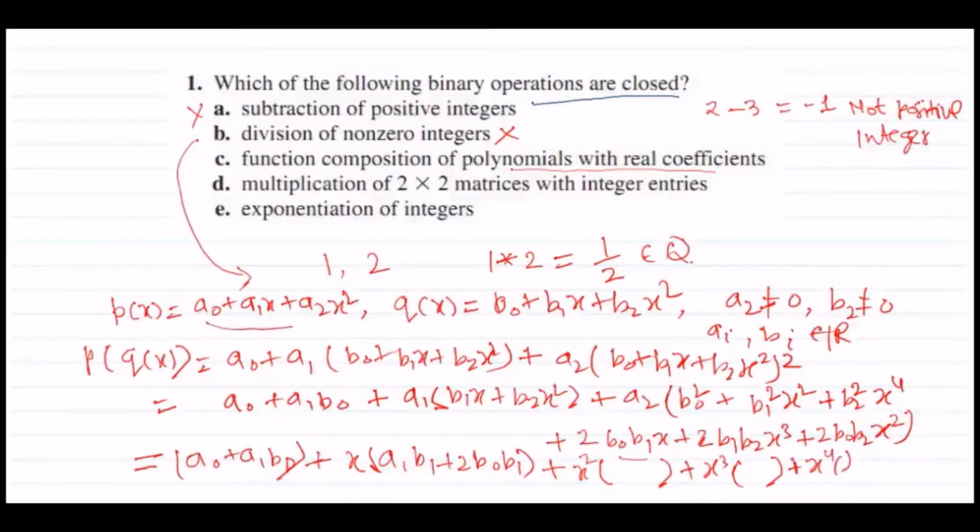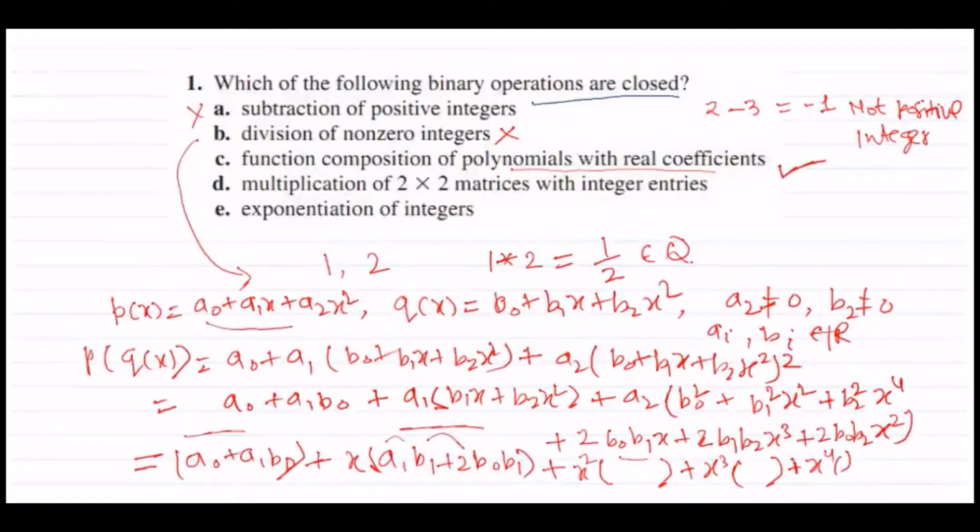What we see is that because all ai and bi are real numbers, their products and sums are also real numbers. So all coefficients will be real, and therefore function composition of polynomials with real coefficients is closed under the operation. So this is correct.